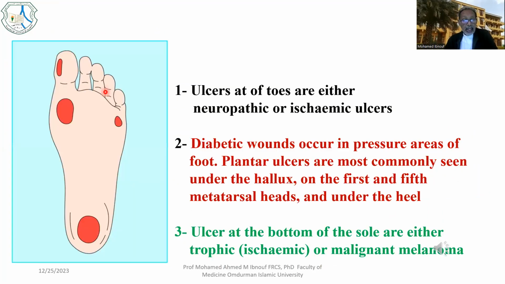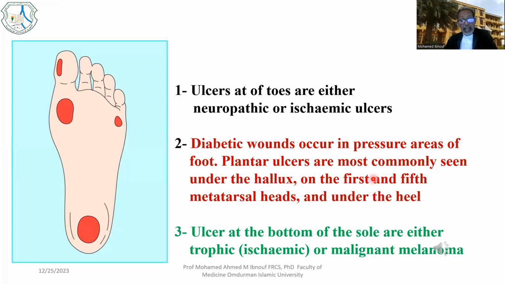Now, the site of ulcer in the foot, it could be either at the bottom of the foot or at the pressure bearing areas. Ulcers of the toes are either neuropathic or ischemic ulcer, as we said before, and diabetic wounds occur at the pressure areas of the foot.